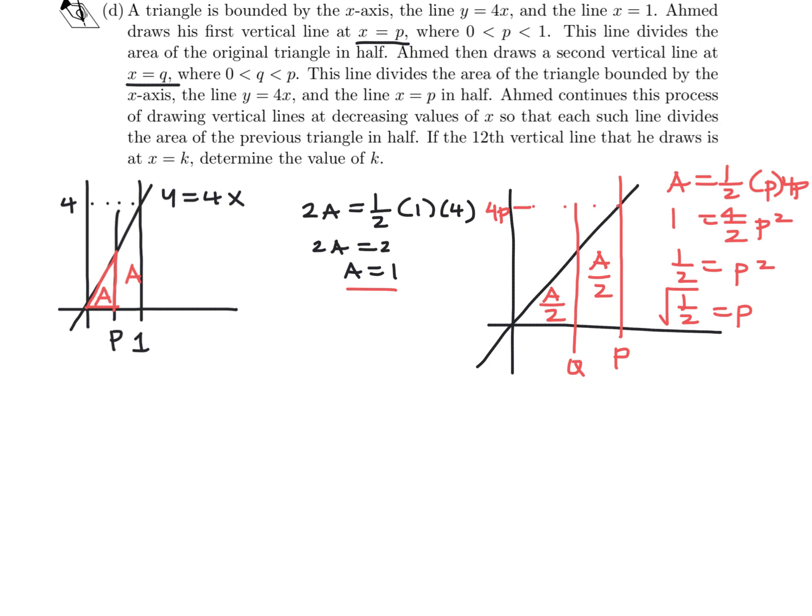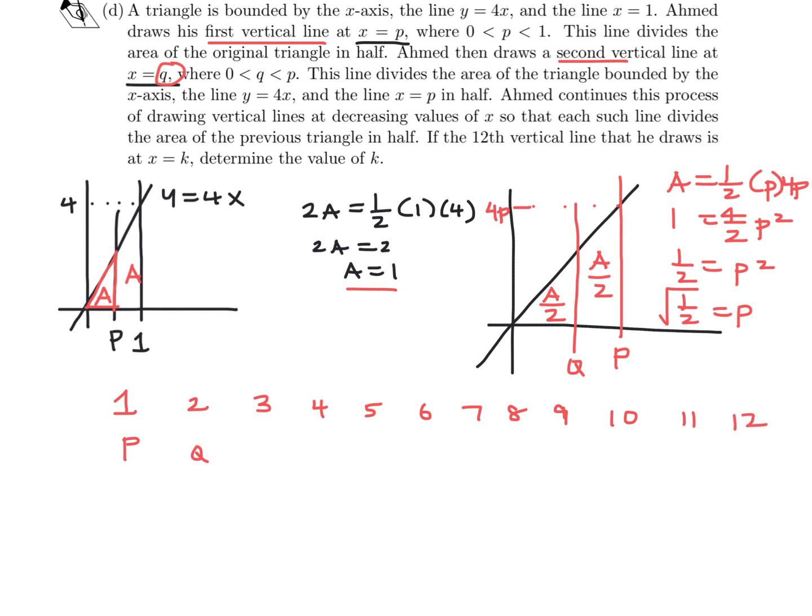Then we have to do this 12 times. So let's make a table here. The first time, the letter we calculated was p, the first vertical line. The second one was q. Then the third, fourth, fifth, sixth, seventh, eighth, ninth, 10th, 11th, and 12th.